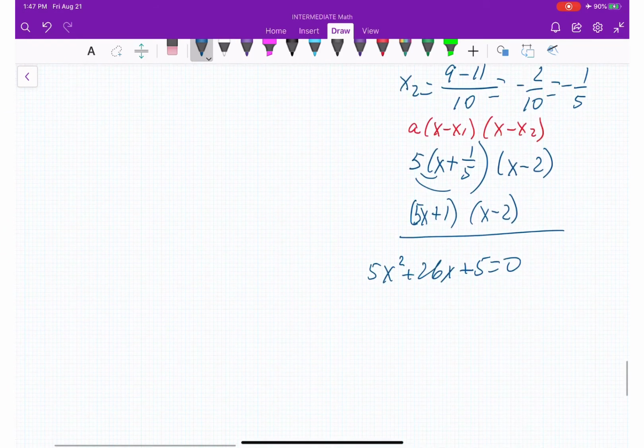Okay, so the discriminant is equal to b squared, which is 26 squared, that is 676, minus 4 times a, which is 20, and times 5. It's going to be 100. So we are getting 576. Let me see. If I take the square root, it's going to be 24.